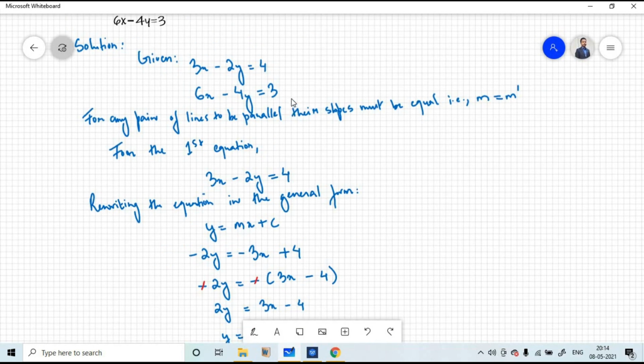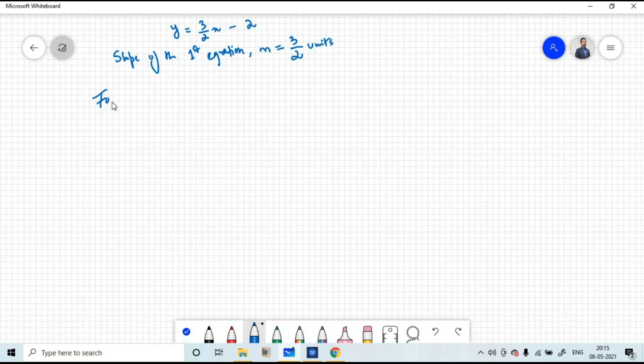Let us proceed to solve for the second equation. The second equation is 6x minus 4y equals 3. Let us keep the term involving y on one side and transfer 6x to the other side.